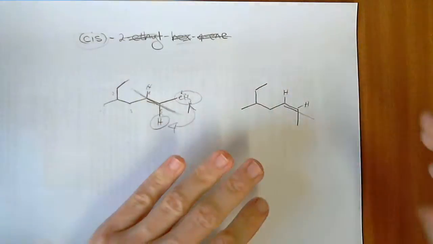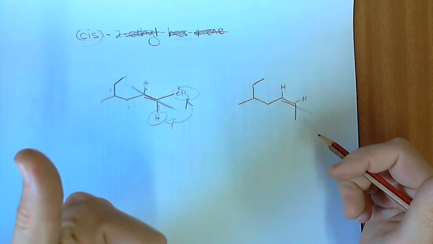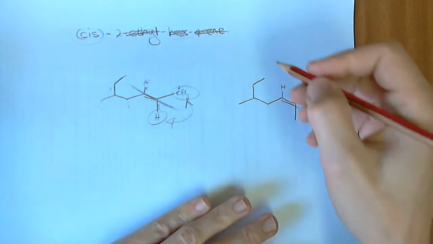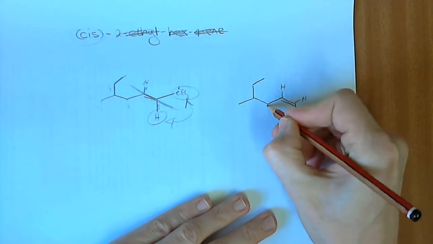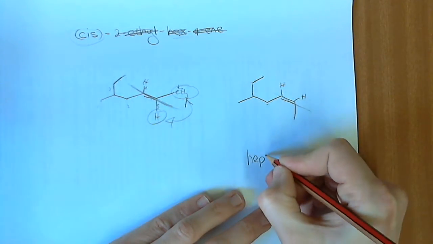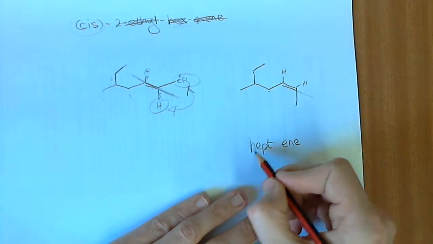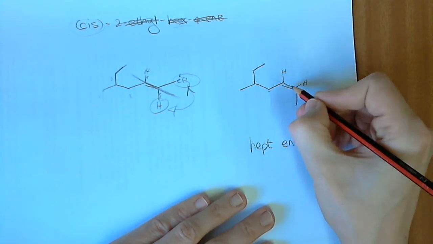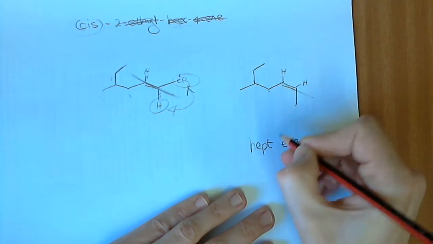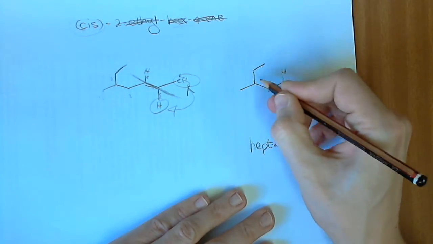The reason being is that any name must have the longest chain as its parent, and actually the longest chain is 1, 2, 3, 4, 5, 6, 7. So this should have actually been a heptene, because it was 7, and we always give the double bond the lowest number, so this still would have been a 2-ene, and 1, 2, 3, 4, 5.